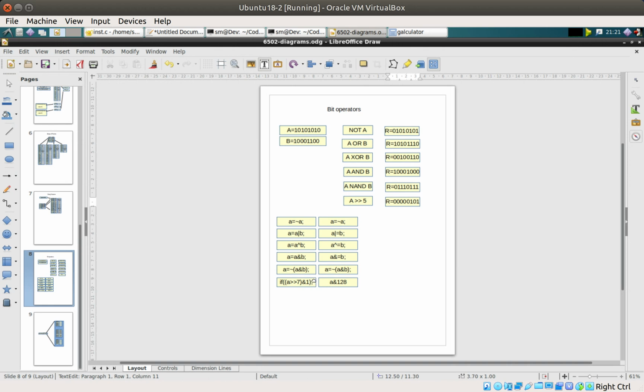Now these two, believe it or not, are equivalent. Actually it's not quite equivalent because I haven't put the if statement in, but the actual formula is equivalent. So you've got A shifted right by 7 ANDed with 1. That's testing bit 8. You shift it right by 7, 1, 2, 3, 4, 5, 6, 7, and they all disappear, leaving you with the 1.